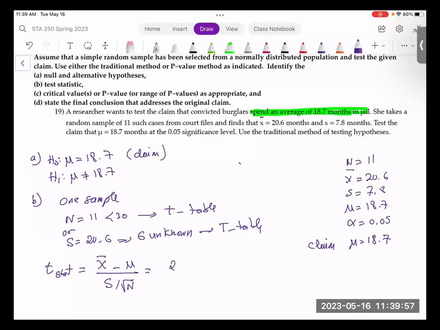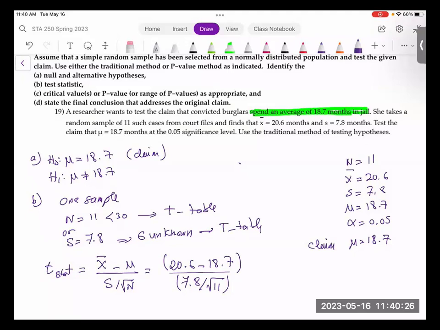So it can be 20.6 minus 18.7 divided by S, which is 7.8. Yeah, I made a mistake here. This is 7.8 divided by radical 11, right?